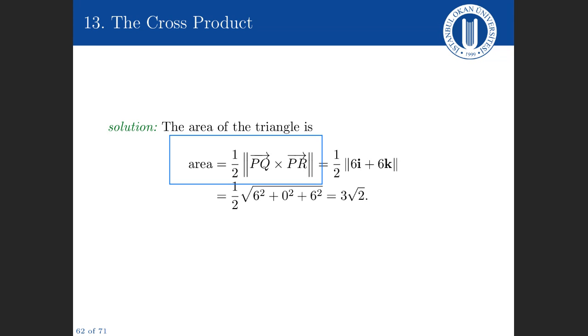We've already calculated PQ cross PR is 6i plus 6k. So to calculate the area of this triangle, all we're doing is a half multiplied by the norm of 6i plus 6k. And you can check that this is 3 square root of 2.